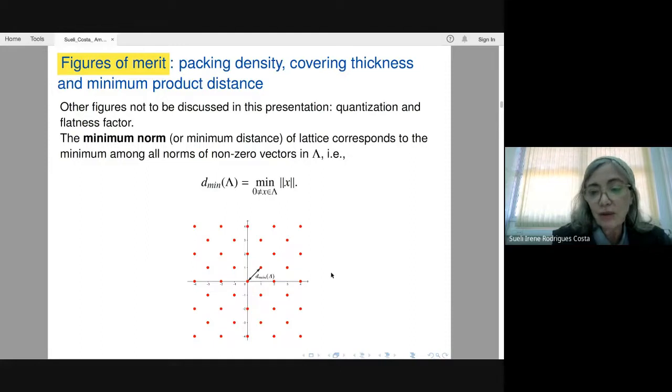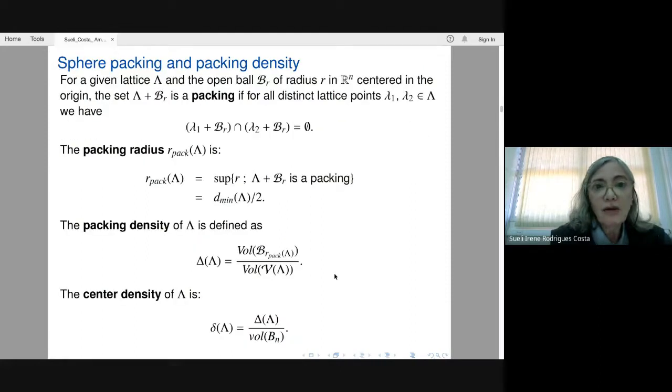This is the minimal distance in the lattice. A sphere packing of a lattice is realized by this minimal distance divided by 2, right? So in this way, the balls in the lattice with this radius just intersect on the boundary, right?